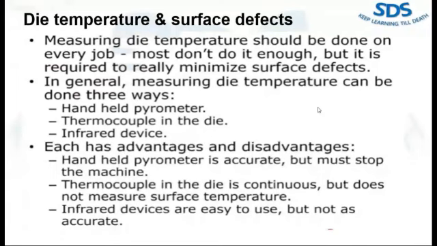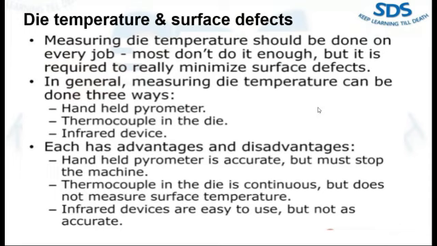So I think a thermal camera is a good device to measure die temperature instead of the infrared device. The handheld pyrometer and the thermocouple installed in the die are very complex devices to maintain regularly on a die.